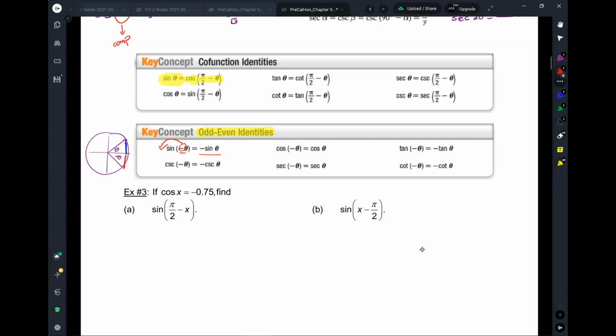And same with the cosecant. The cosine, remember, this is the cosine of theta. It's also the same as the cosine of negative theta. So if you remember that, good, perfect. But also remember that if you have a negative inside, the cosine engulfs that negative so it goes away. Same with the secant.